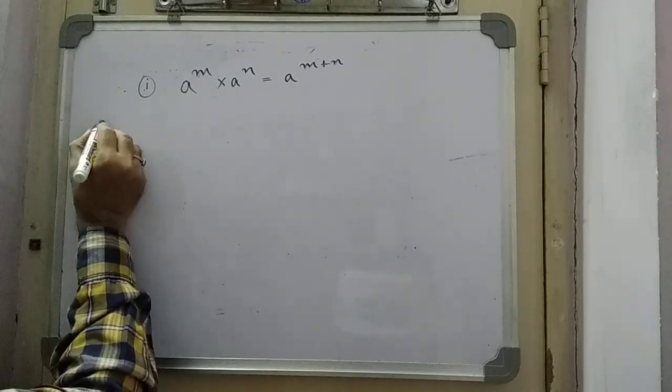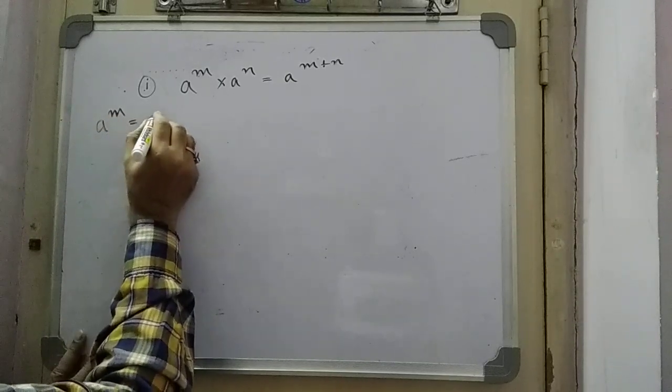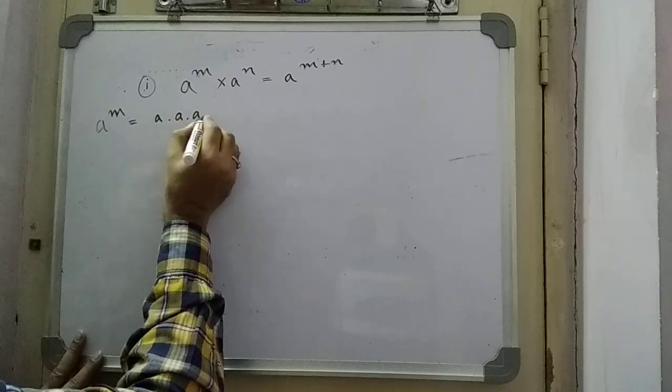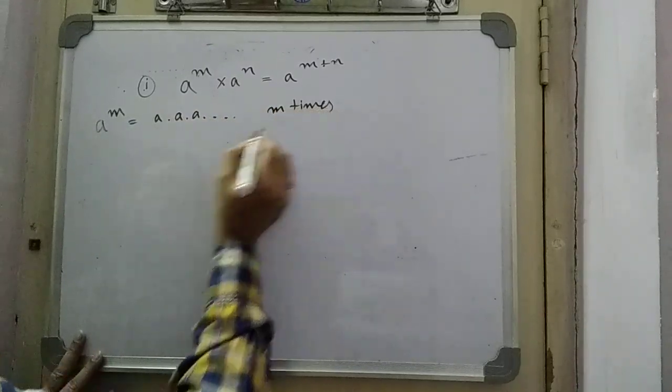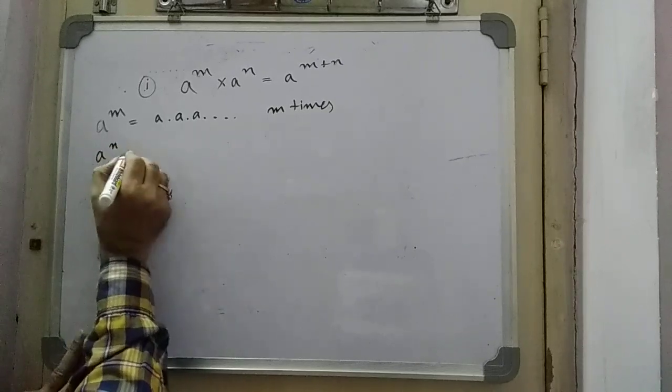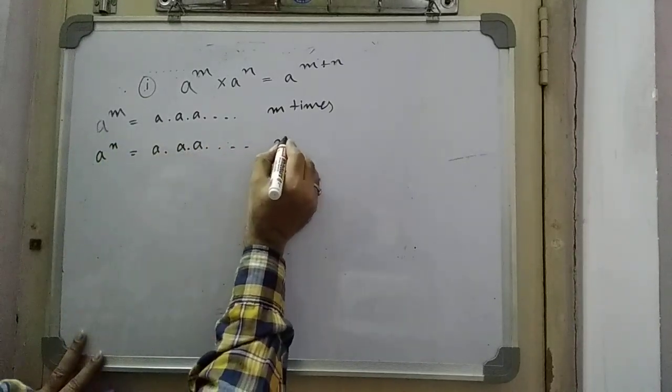What does it mean by a to the power n? This is a into a into a, n times. A to the power n equals a multiplied n times.